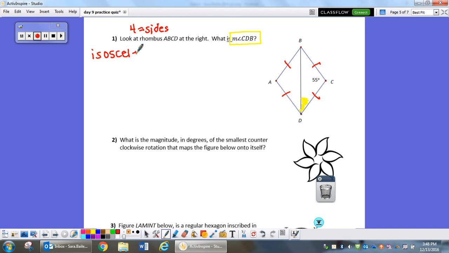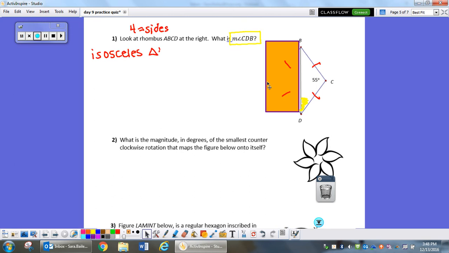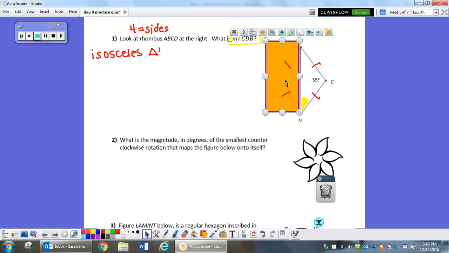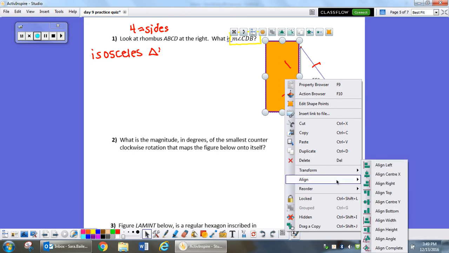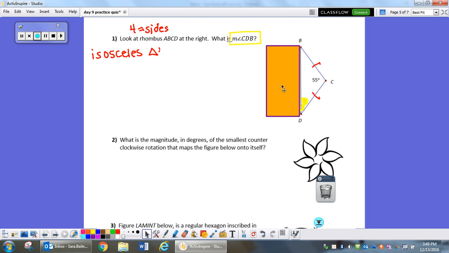So if you notice, if I cover up one side of this, if I cover up that side and make it look like it never even existed, you can see that you have an isosceles triangle.